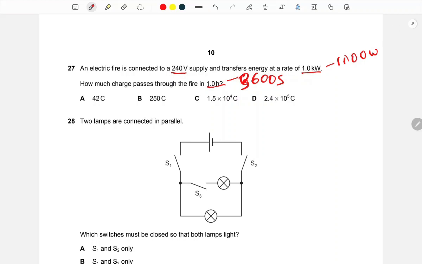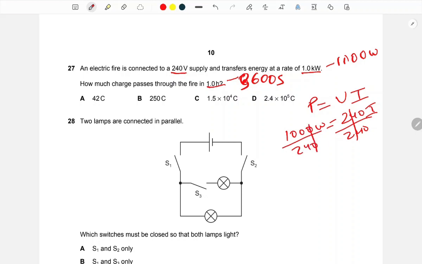First we have to find the current. We know that power is the same as VI. So power is 1000 watts and voltage is 240 times I. So we divide both sides by 240, and that would give us 4.167.